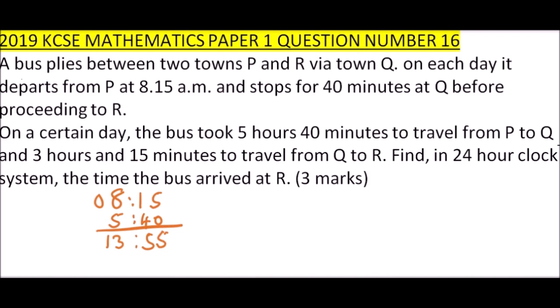Then it stopped for 40 minutes at town Q. What this means is that you add 40 minutes to the time it arrived at town Q. You add the minutes and you get 90 minutes, and we know an hour has 60 minutes.